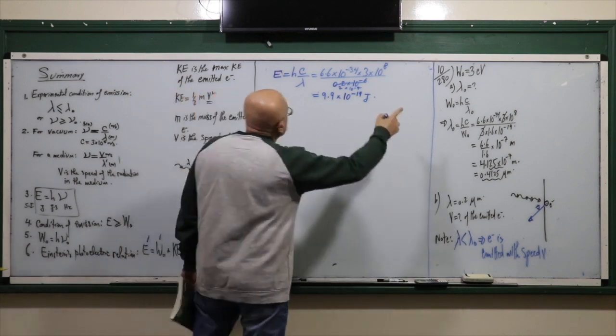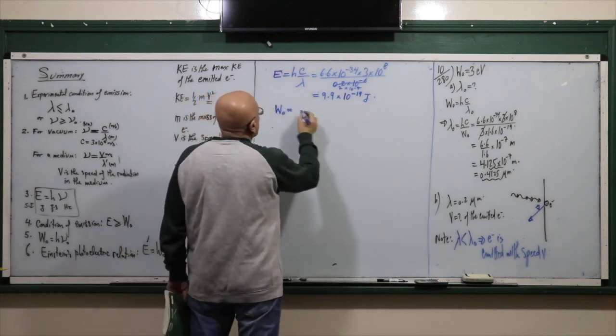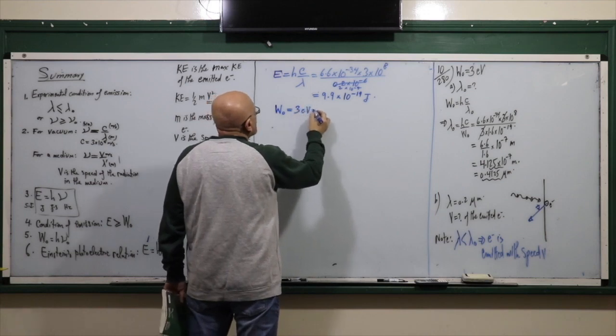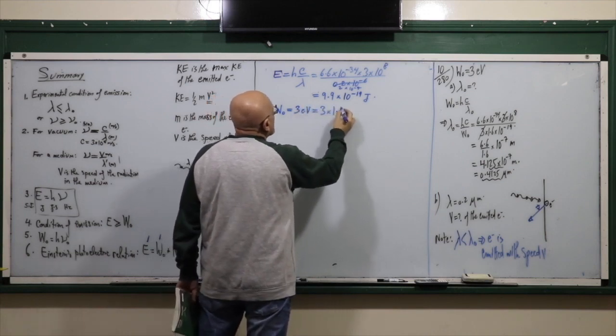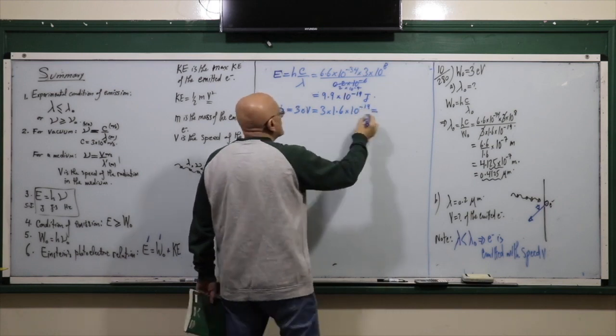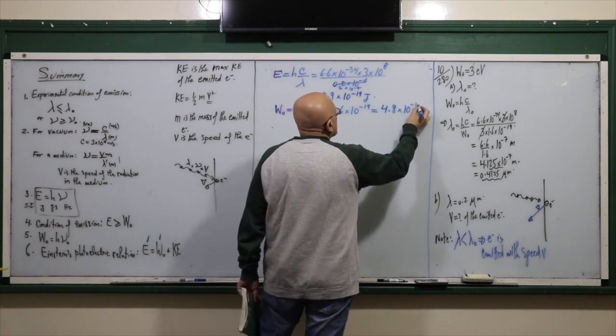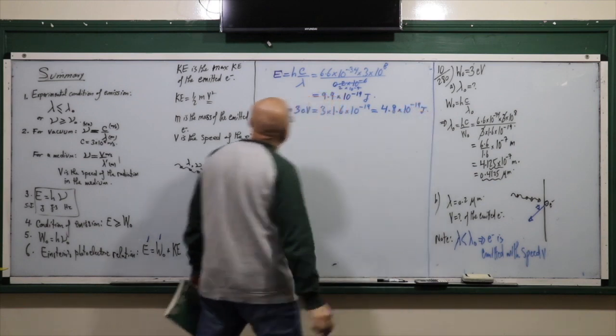W naught, which is 3 electron volt, is 3 times 1.6 times 10 power minus 19. So you get 4.8 times 10 power minus 19 joule.